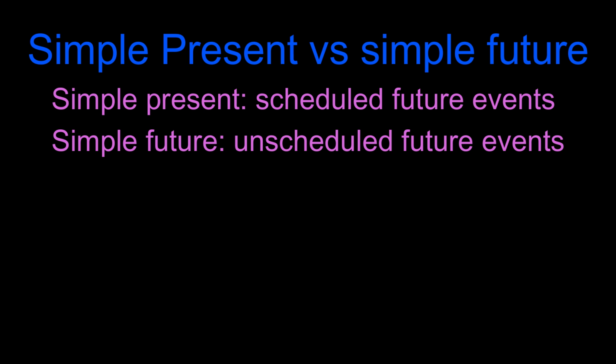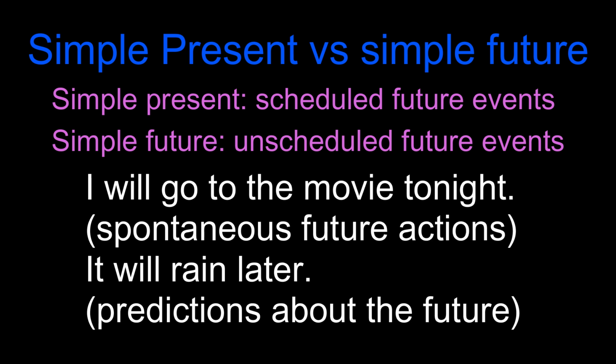Also, the simple future is used to make predictions about the future based on present evidence. I will go to the movie tonight. Spontaneous decisions about future actions. It will rain later. Predictions about the future based on present evidence.